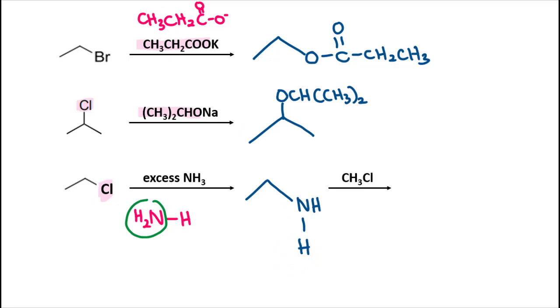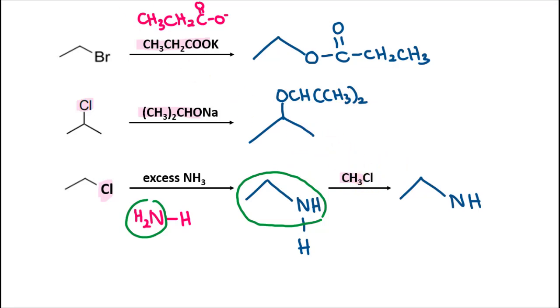Now our nucleophile here is going to be CH3, CH2, and NH. Just copy back our structure. Here we have the NH, and then here just take the CH3 group.